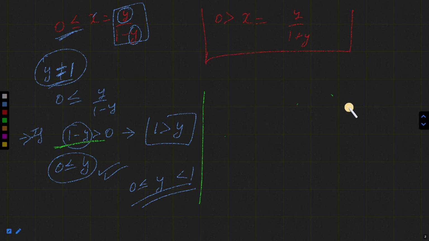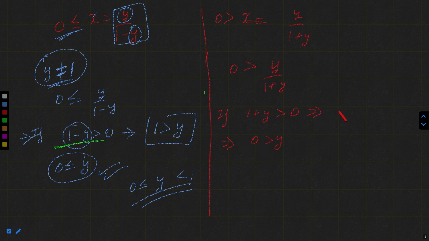Now we will see this case. This means 0 is less than y over 1 plus y. First of all, if 1 plus y is positive, then I can easily get that 0 is less than y.